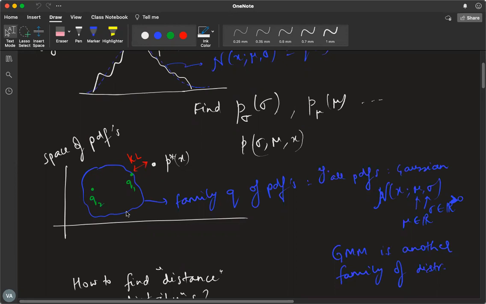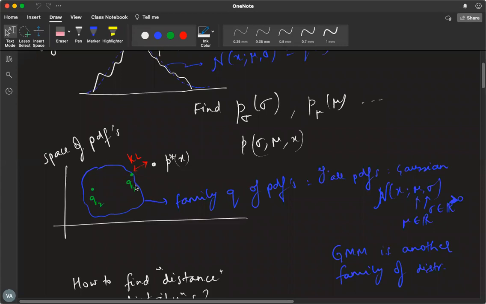And now our goal is to find the Q from this family, capital Q, such that this Q is closest to P star in some sense. So what is that sense? We said we can take KL divergence as that distance metric, that we want to minimize the KL divergence between the non-standard distribution P star and our family Q, which we know how to use easily.